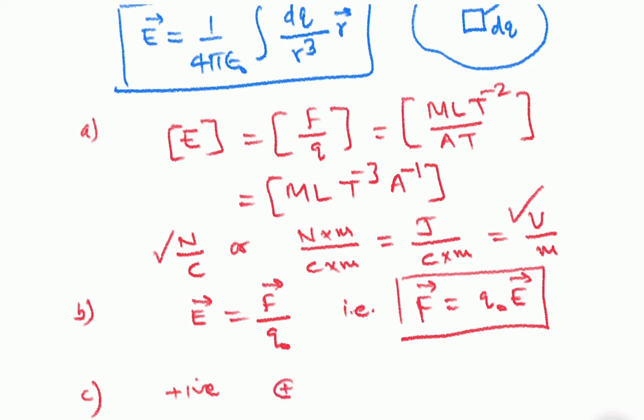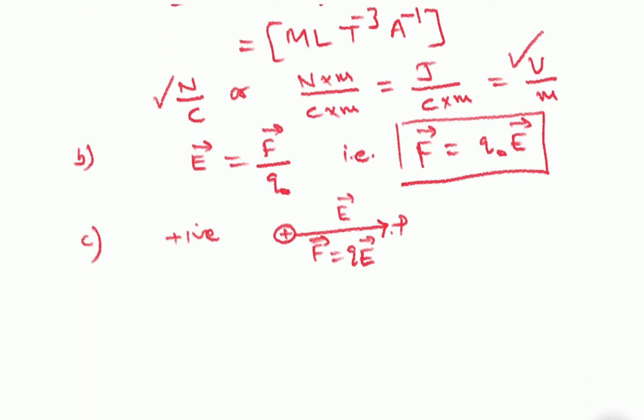That is, if this is a positive charge, the electric field direction will be like this if you want to measure here at point P. So the direction of F is equal to qE, and the electric field direction is this. And if it is a negative charge, the direction will be toward the charge.